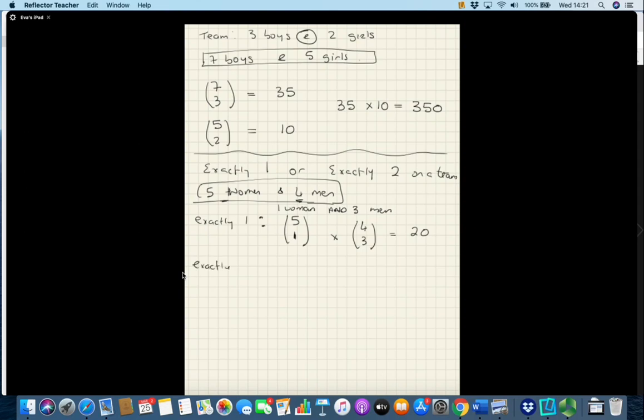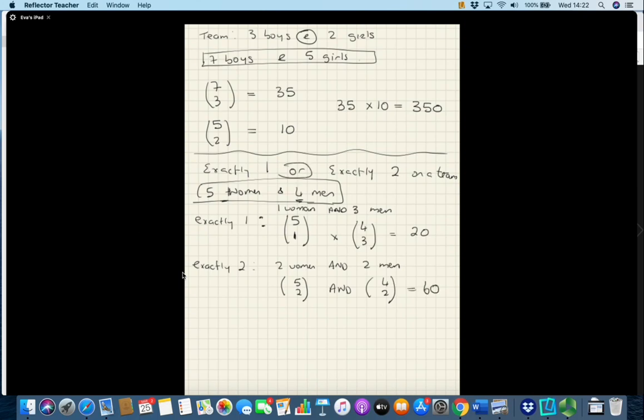Exactly 2 women. Well, 2 women and 2 men. Okay, because there has to be 4 on the team. So out of the 5 women, I'm going to choose 2 of them. And out of the 4 men, I'm going to choose 2 of them. And I get 60 for this.